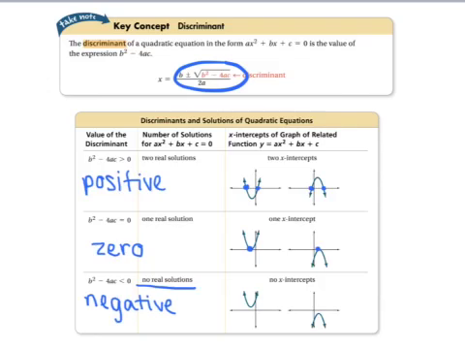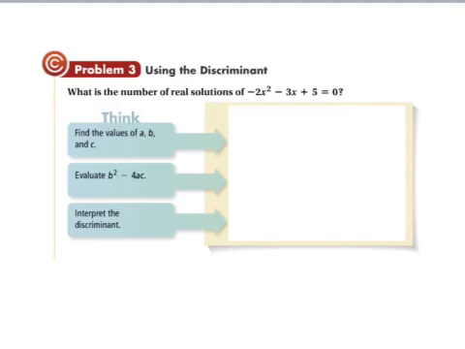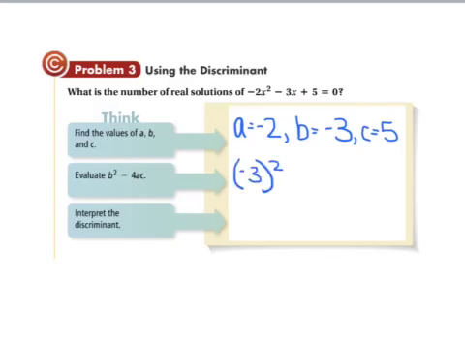I'll show you. All you have to do to find the value of your discriminant is to identify A, B, and C. A would be negative 2. B would be negative 3. C would be 5. And then you're just going to do the B squared minus 4AC part of the quadratic formula. B squared minus 4AC.